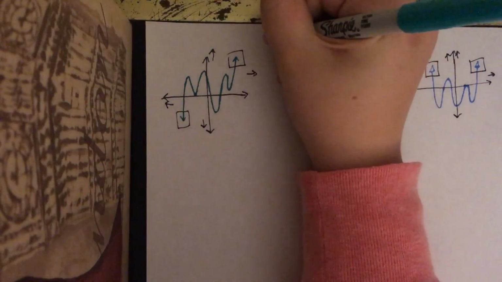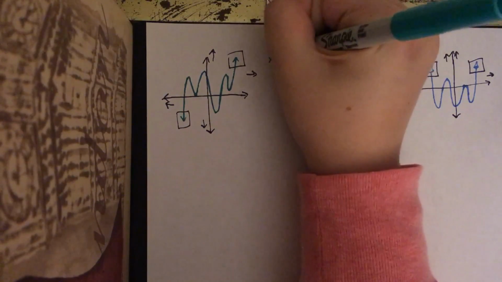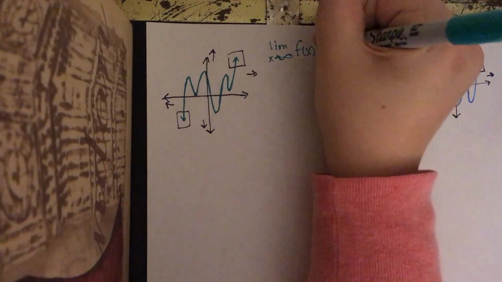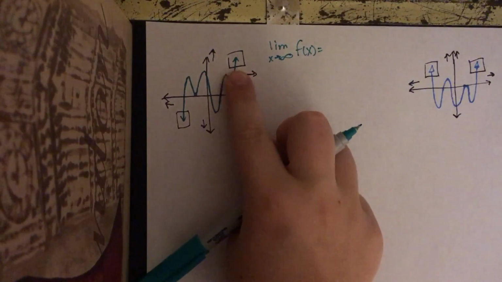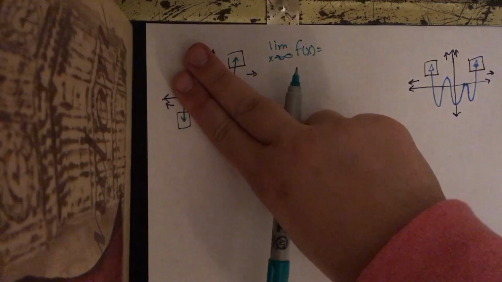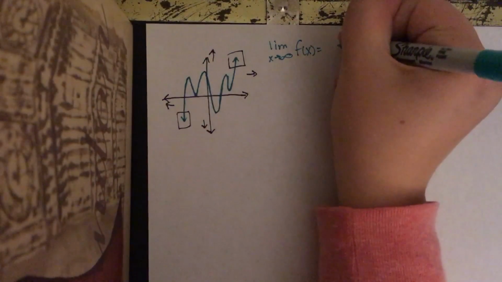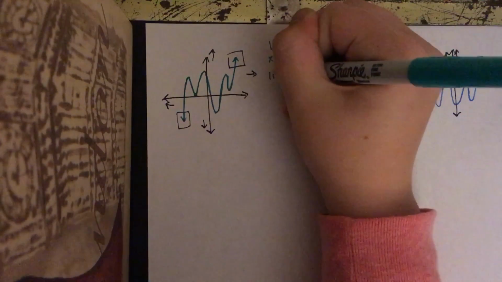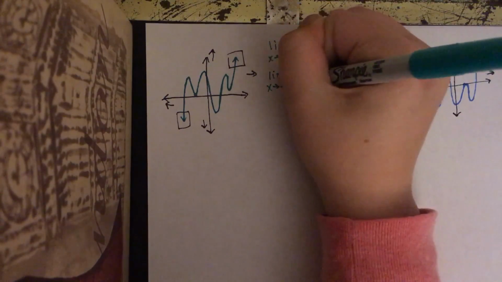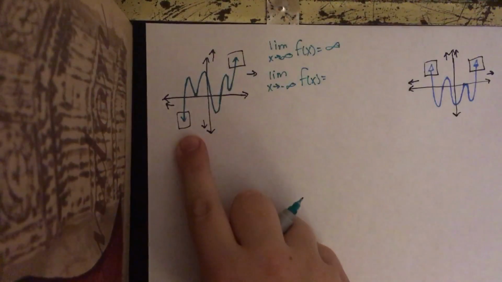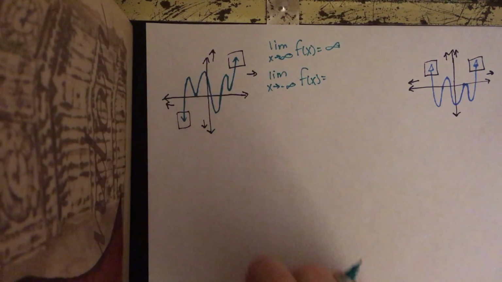We can say that as x approaches positive infinity, f of x also approaches positive infinity. Doesn't matter what's here, just the boxes on the ends. And so we can say that as x approaches negative infinity, y also approaches negative infinity.